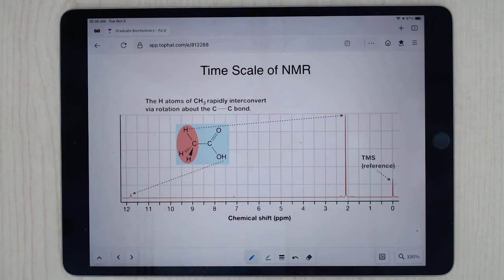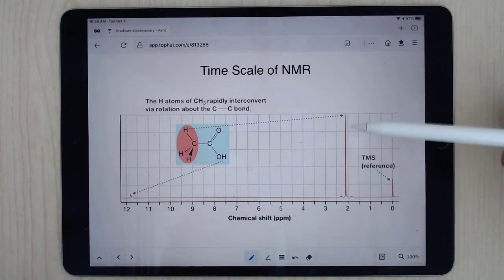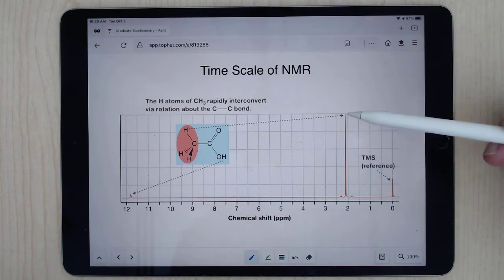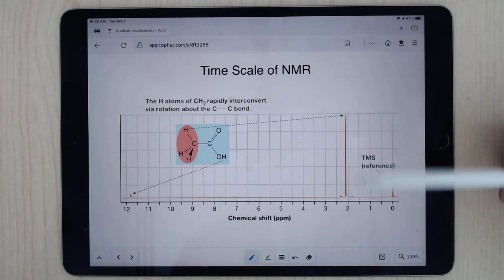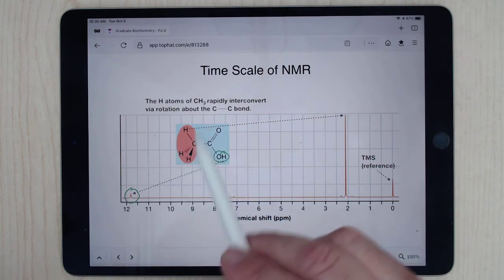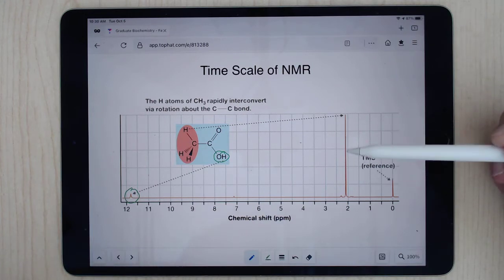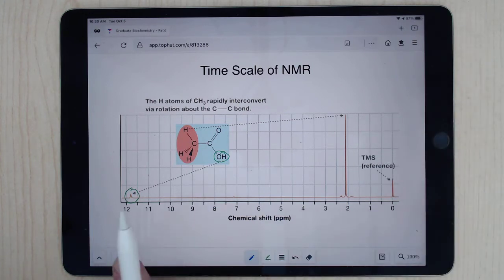So if you look at this one, these are chemically equivalent here, so these three would give a single signal right there. This hydrogen here would give this signal here. Like that. And because of this free rotation here, all three of those are morphed into a single signal.